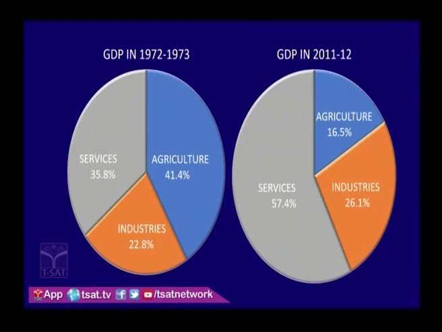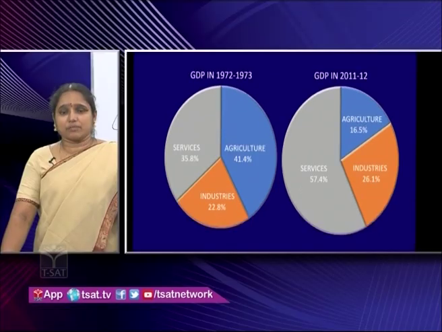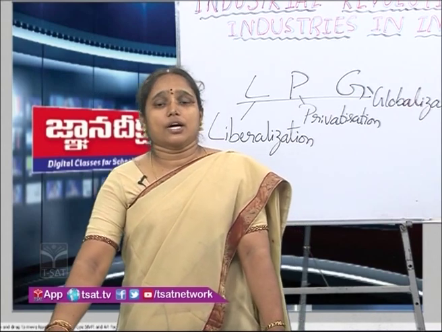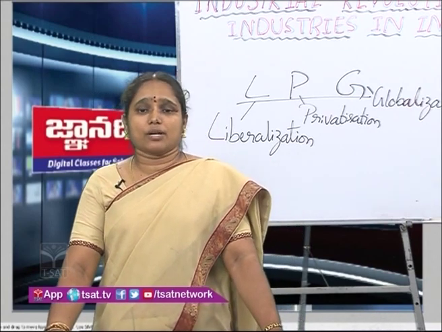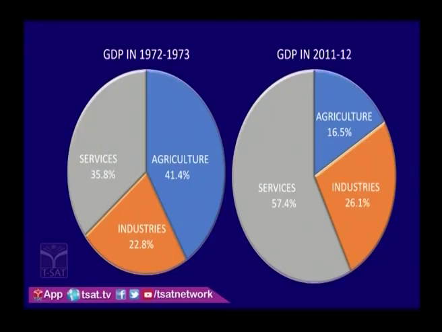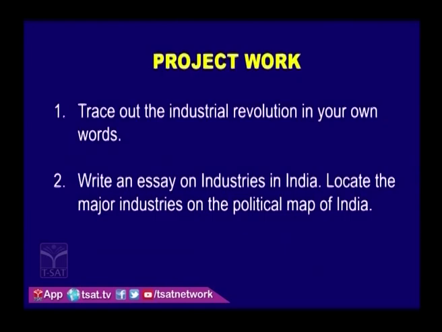So you can see change in the service sector has improved a lot. So improvement in service sector means more employment, and more employment means more income and more development. But agricultural sector needs to be balanced too. So in 2011-12, you can see the industrial sector also started contributing more. So this is one way of trying to understand the things.